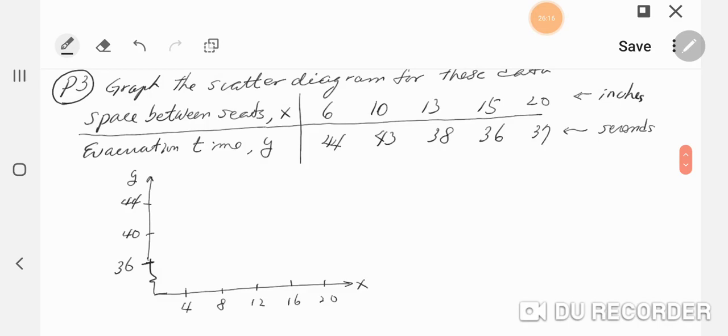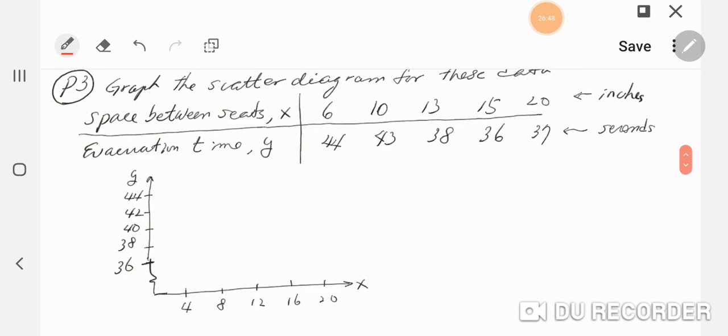Okay, let's make it more precise. So 36, 38, 40, 42, and 44. Okay. So I used an interval of 4 units for x, and y has an interval of 2. Okay, let's plot the points now.